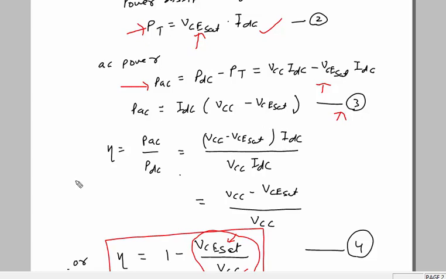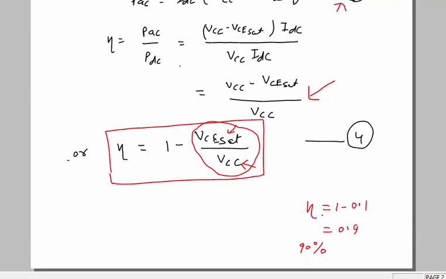Then, since efficiency is PAC by PDC, we applied both formulas and, with a small mathematical manipulation, got the result. Since VCE sat is very small compared to VCC, we can achieve efficiency higher than 90%. So the class C amplifier has a very high efficiency.